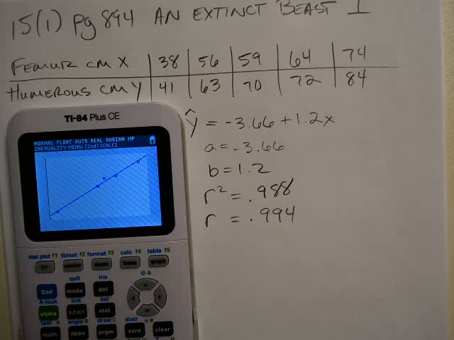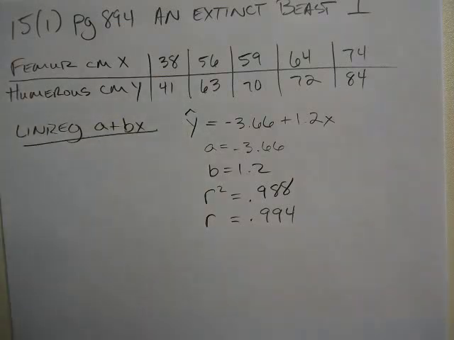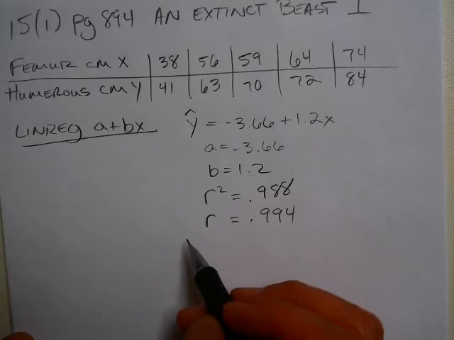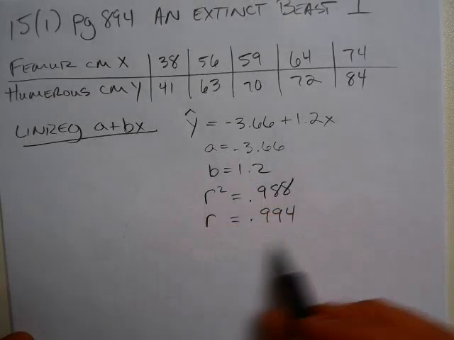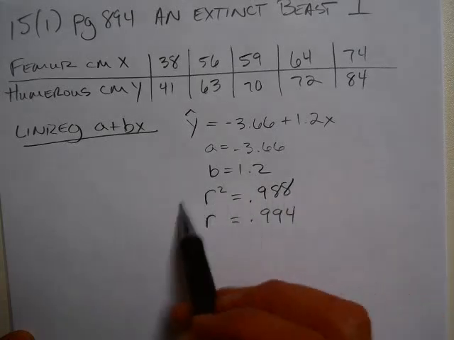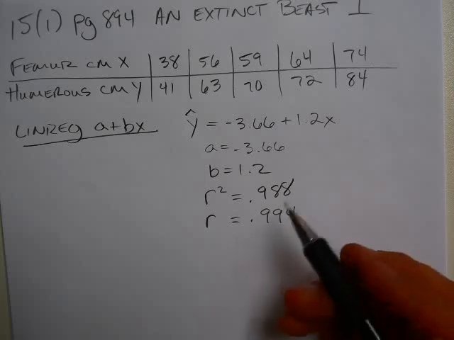It says, do you think the femur length will be a good predictor for the humerus? Is there evidence in here that leads us to believe that we can predict one from the other? Yeah, about 99% of the time we can predict very accurately.